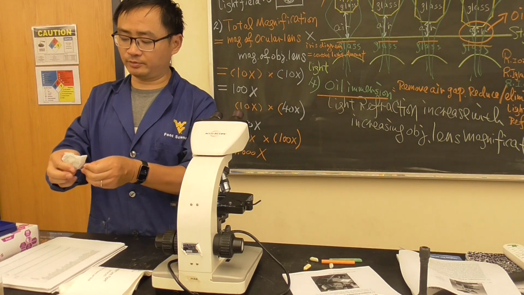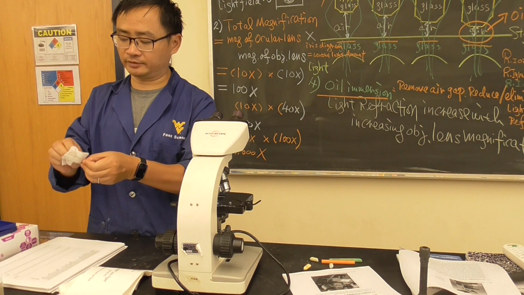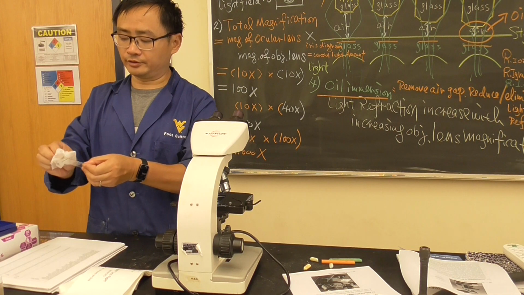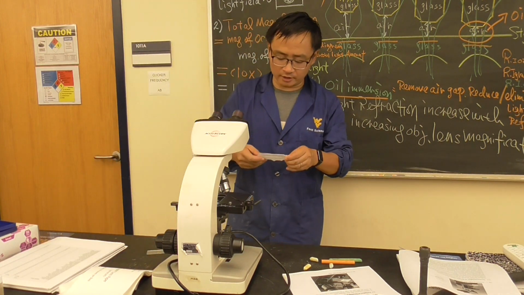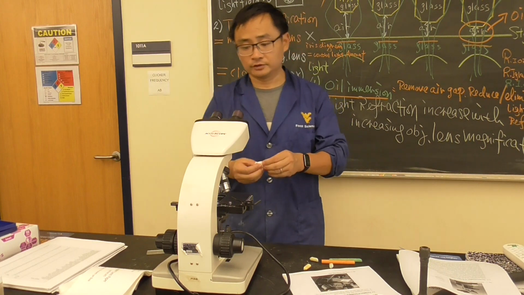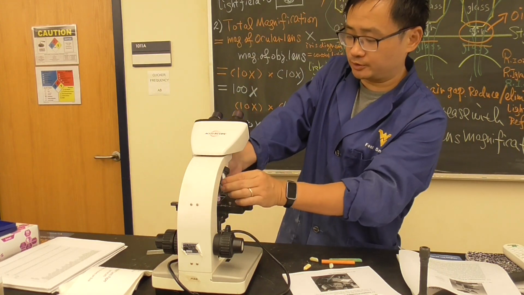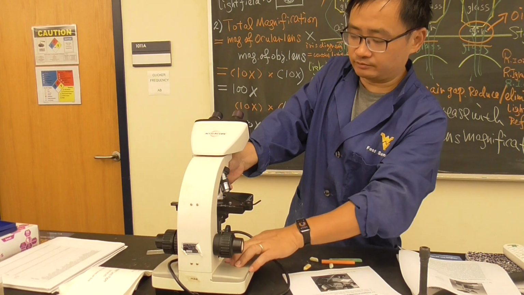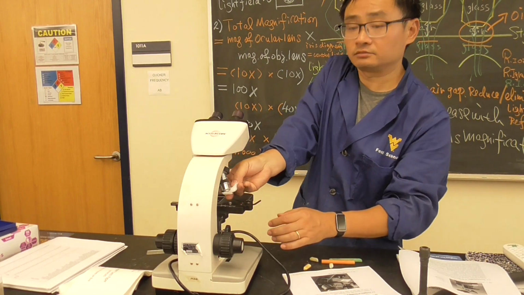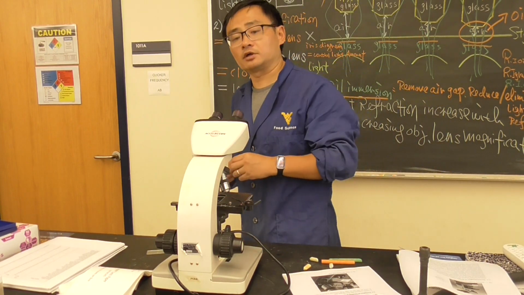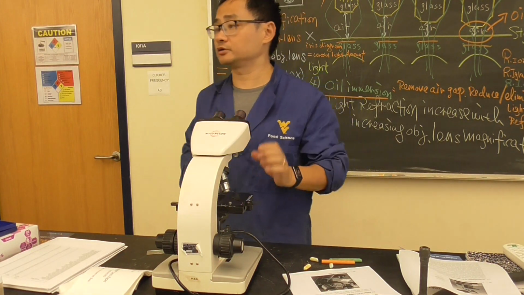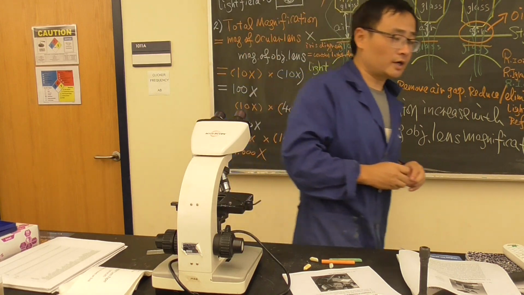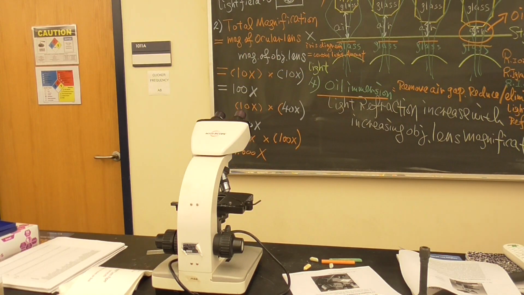You use your lens paper to take the oil off. And since the microscope may not be used for a while, you could also use lens paper to clean the lens first. But don't use paper towel, because lens paper is only for the lens. That's very important. Okay? So that's all I have, and go ahead to do the practice.